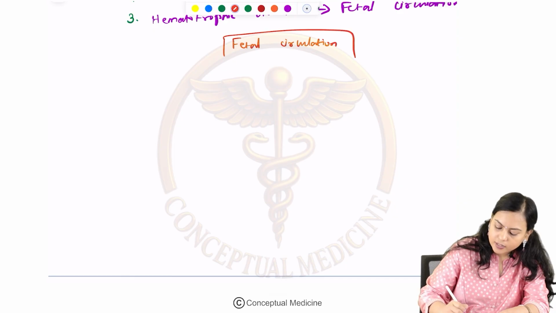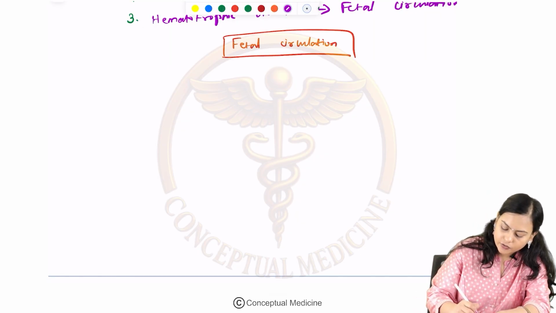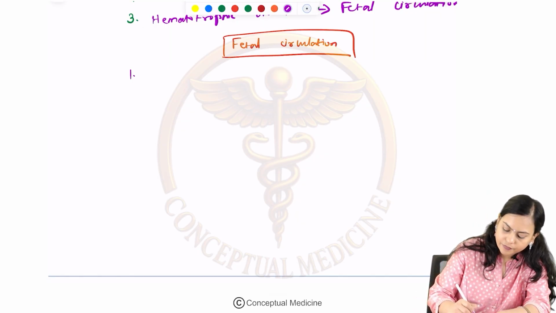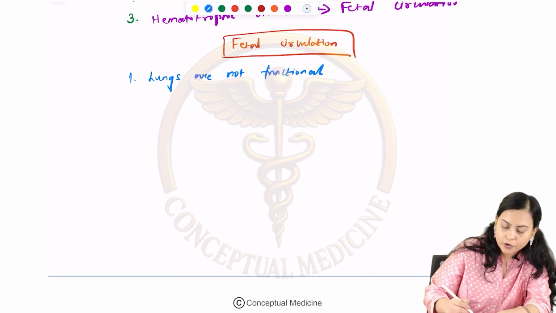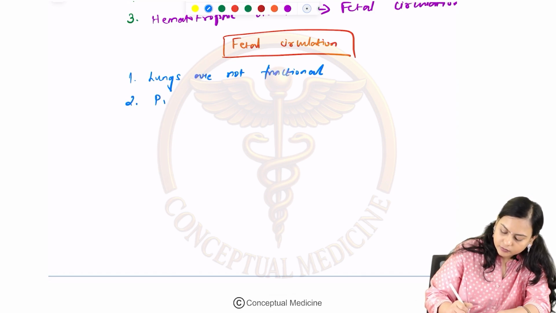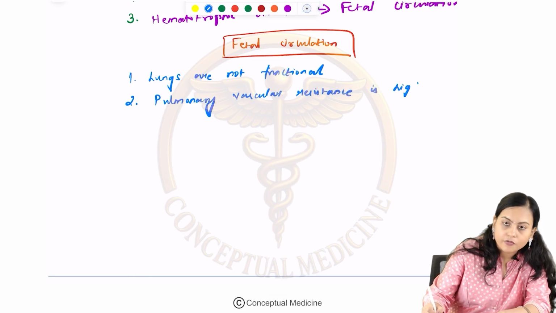Before going into the actual concept, I want to tell you some important points on fetal circulation. So, the first point is, remember, the lungs in the fetus are not functional. Second point, the pulmonary vascular resistance is high because the lungs are not functional.